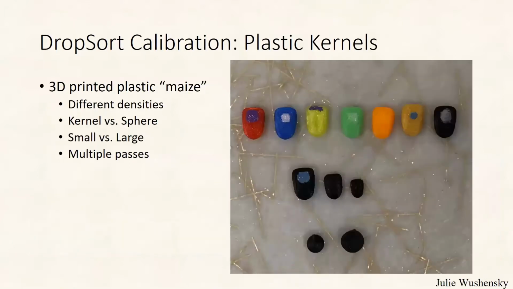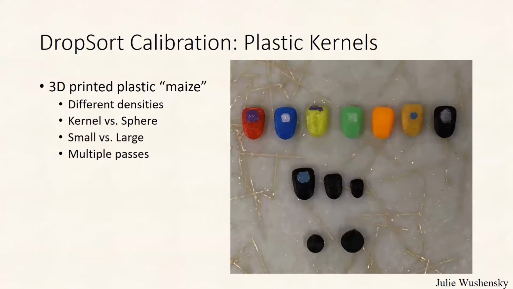So to calibrate this device, we use 3D printed plastic maize. This work was started by Julie Wyshensky, a former master's student in our lab. And so on the top row, we have each color corresponding to a different density. We also look at different sizes, small, medium, and large, and different shapes, such as a sphere versus a kernel shape.